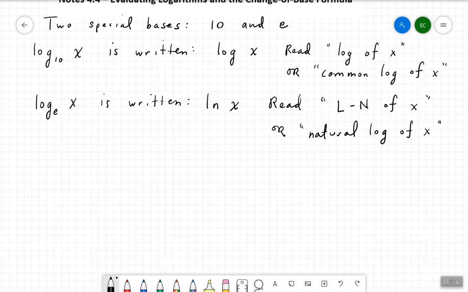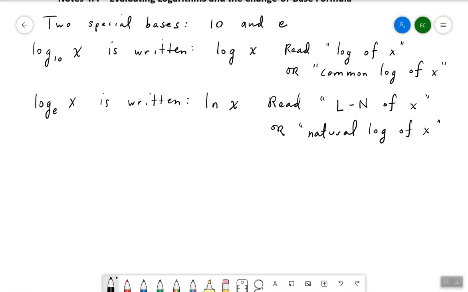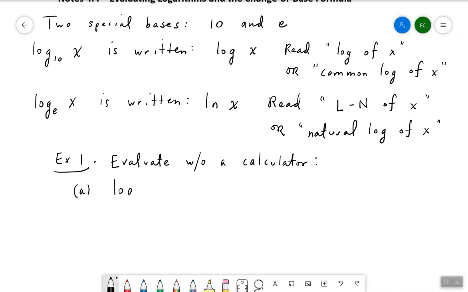Okay, so then let's just have a couple of examples. In example 1, let's evaluate some logarithms without a calculator. And this is a nice review of some things that we talked about in the previous section.